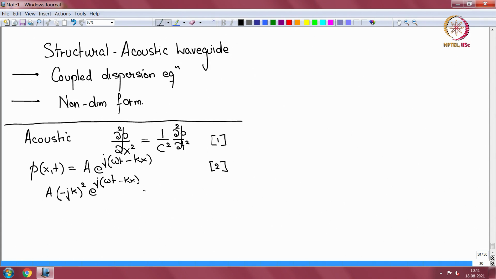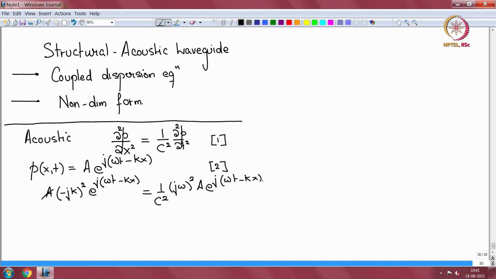And on the right I get 1 over c square, two derivatives with respect to time. So I will get j omega whole squared, then A e to the power of j omega t minus kx.